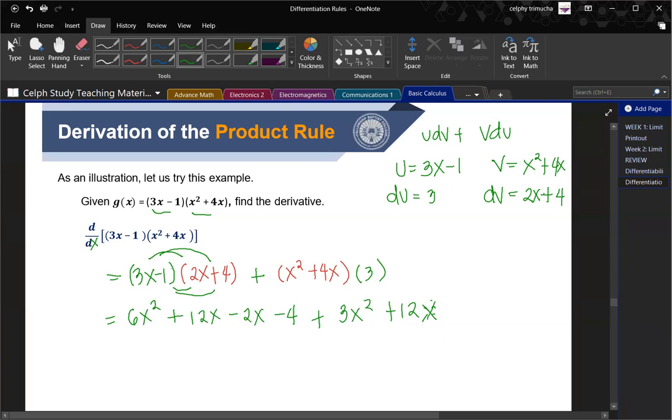Okay, so review natin we have 3x times 2x will be 6x squared. 3x times 4 will be 12x. Negative 2x, negative 4, 3x squared plus 12x.